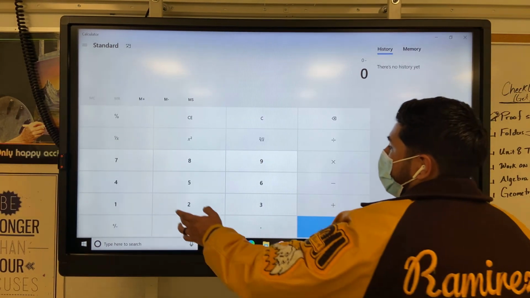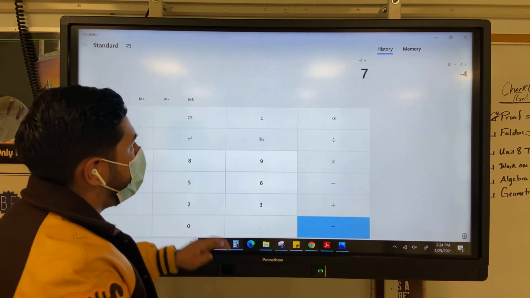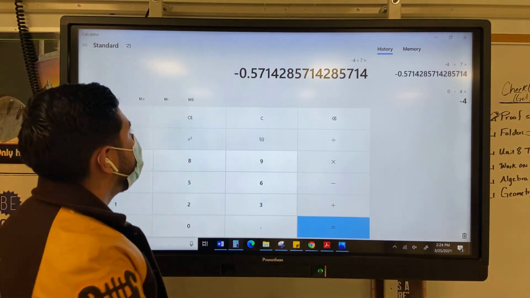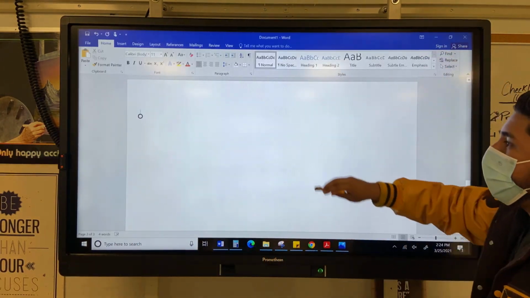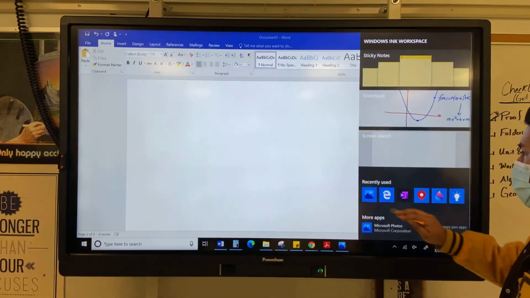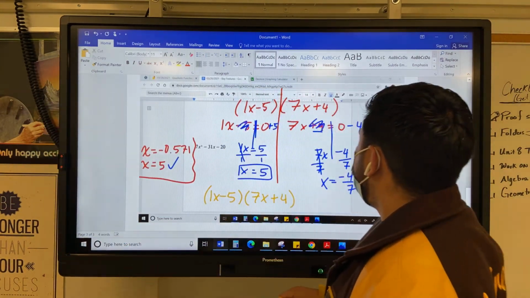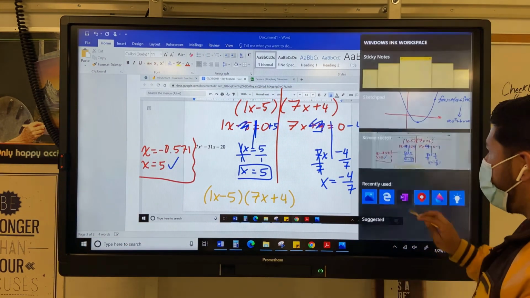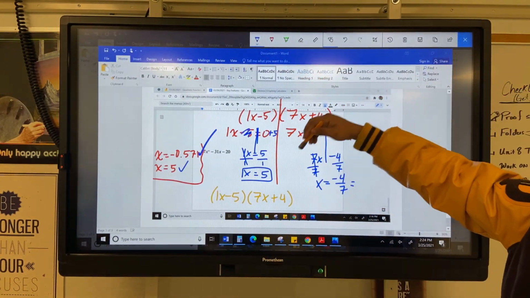Negative 4 divided by 7. Enter. Boom. Negative 0.571. We are finite. Boom. And that's it, ladies and gentlemen.